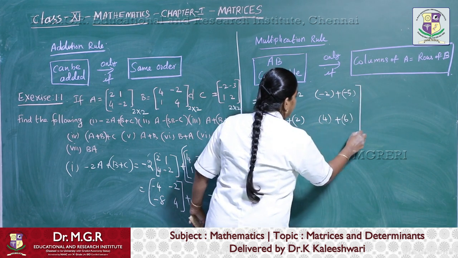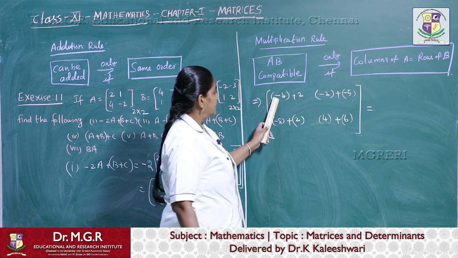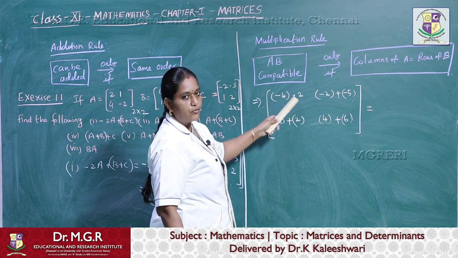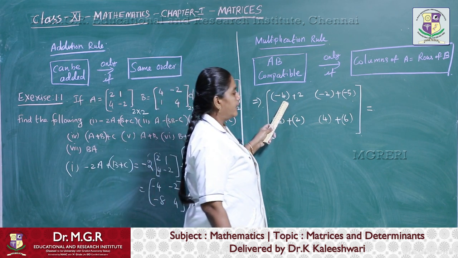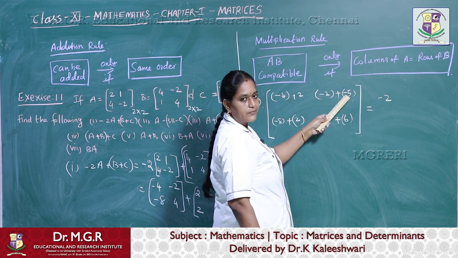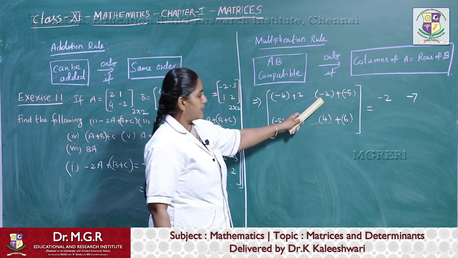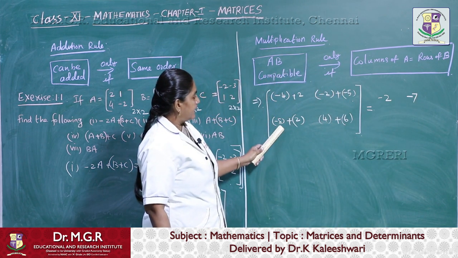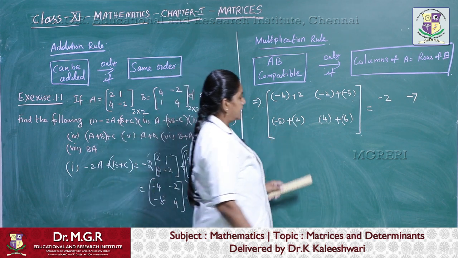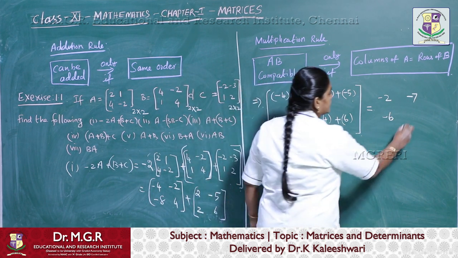Now tell me the result. Adding -4 and 2 gives -2, and -2 and -5 have the same sign, so we add and put the sign: -7. Here -8 and 2 give -6, and 4 plus 6 is 10.